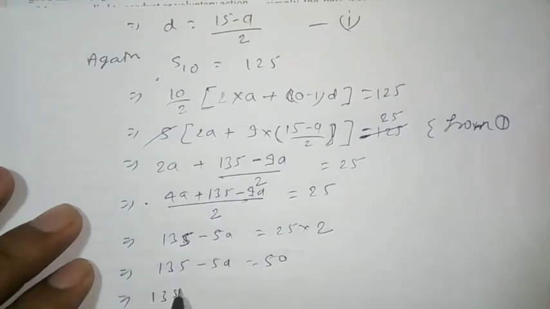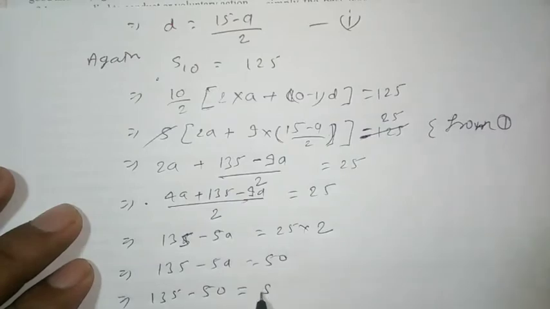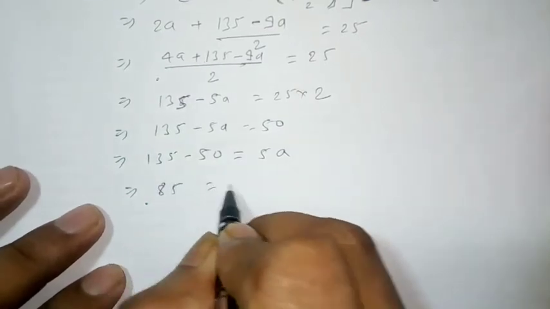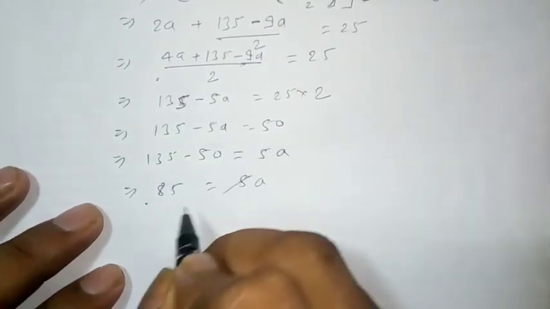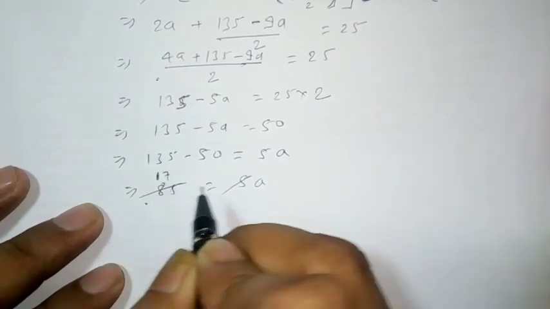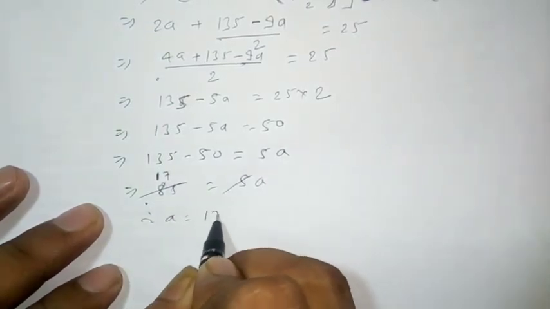Implies 135 minus 50 is equal to 5a, implies 85 is equal to 5a, implies a is equal to 17.